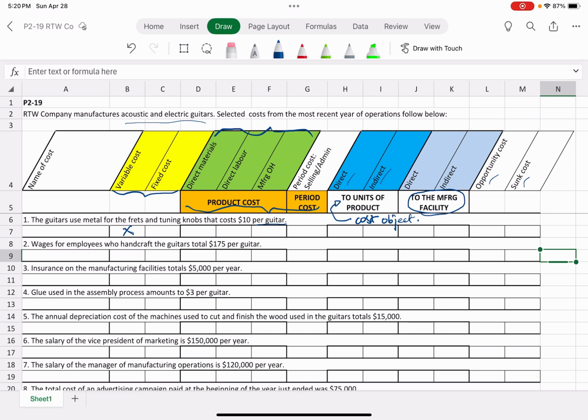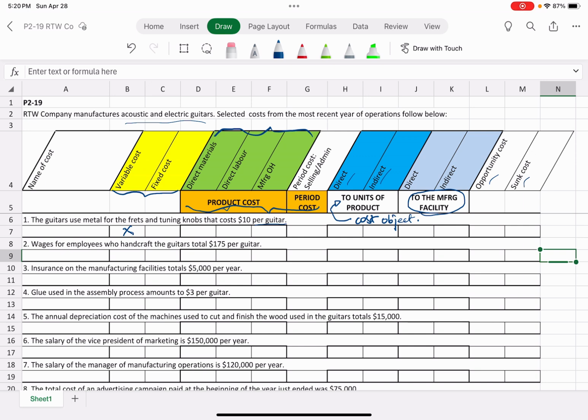So for the yellow category, we definitely have a variable cost. Is this cost a product or a period cost? The orange categories, that's our next decision. And clearly, because the metal is for the actual products, the guitars, this is a product cost. So it's not a period cost.